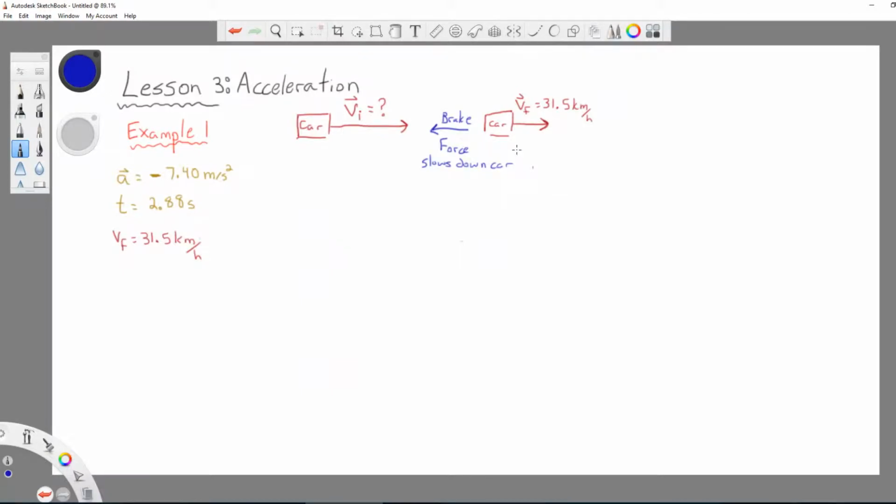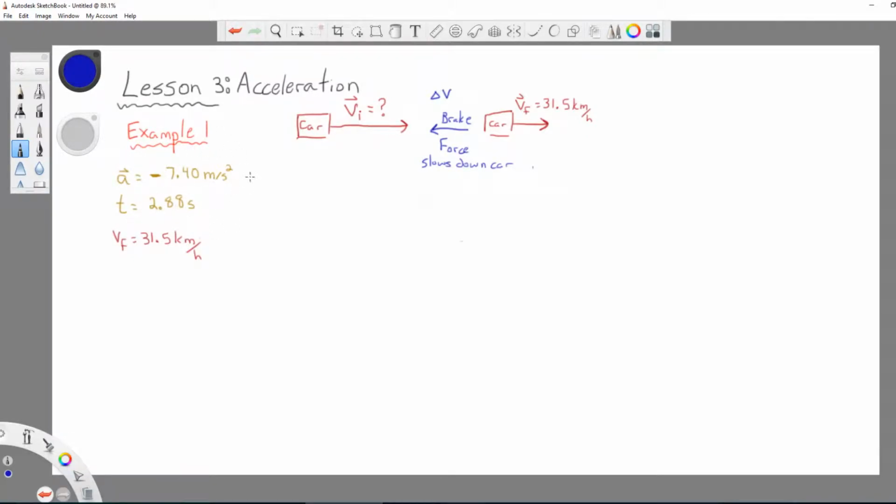Now, the steps to actually solving this problem, now that we know what's going on. How are we going to determine this change in speed? Because at some point here, we're going to have a change in velocity. Well, we know the rate of the acceleration and we know the time given.